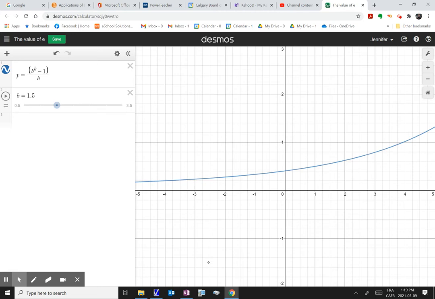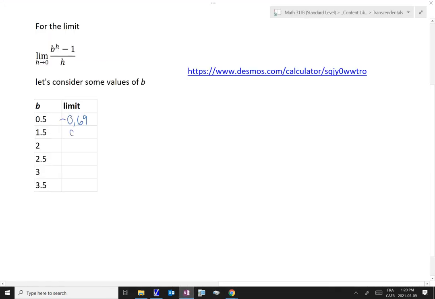So if b is 1.5, again, if I hover over here, I can see when x equals 0, the y value is undefined. So the value doesn't exist. But I can see that for x values that are close to 0, I have a y value that's close to 0.4. So this limit is about 0.4-ish.